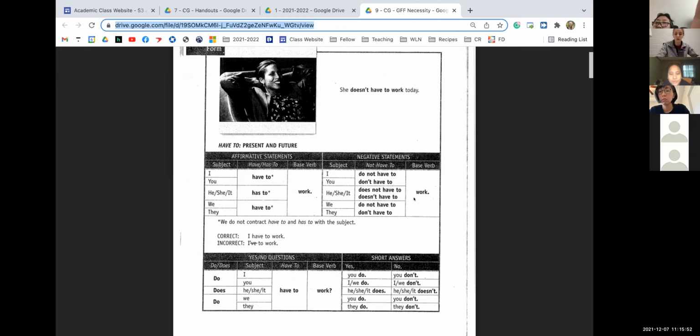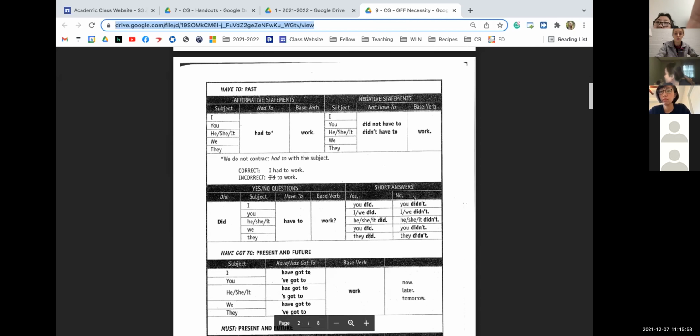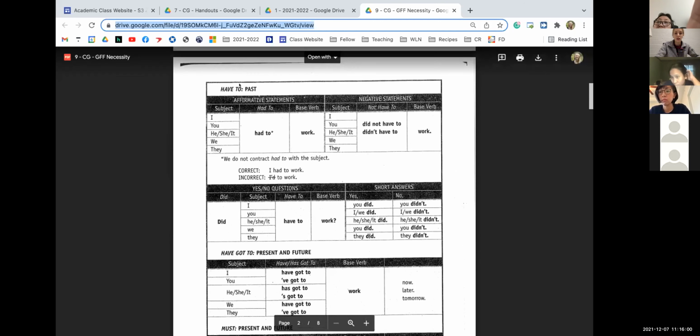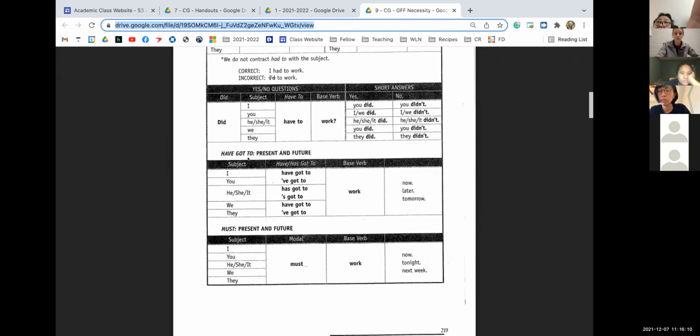We don't have to work. We can use have to in the past by changing it to had. With our modal have got to, we're not going to change the words here.